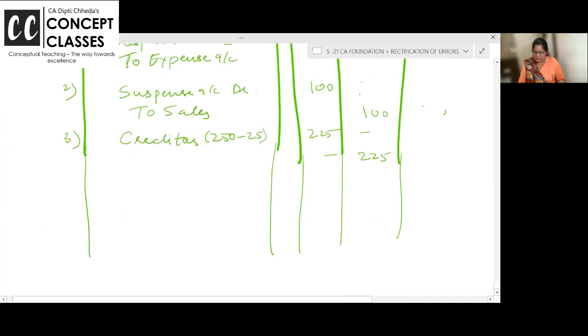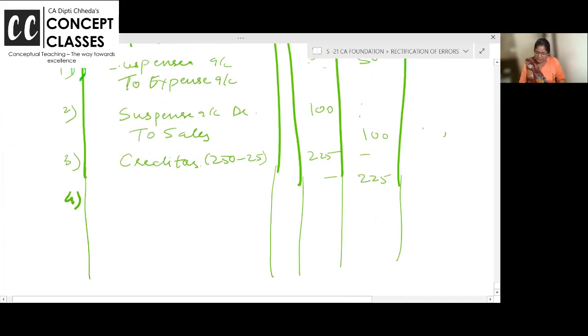Fourth entry. अच्छा, थर्ड एंट्री में क्रेडिटर्स को तो डेबिट किया, सस्पेंस क्रेडिट.